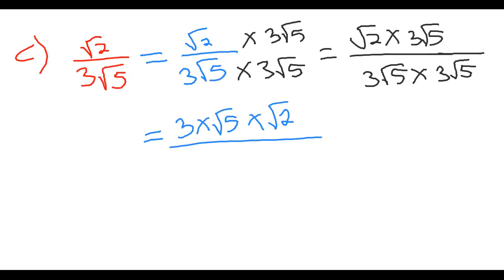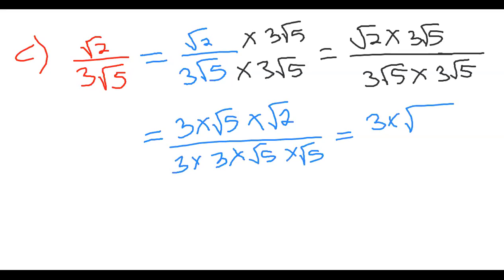So under the division symbol here, we shall have 3 times 3 times root 5 times root 5. This is the same as 3 times 5 times 2. Since we're multiplying, we say that when multiplying or dividing, you can put everything under the root. Divide by 3 times 3, you get 9.